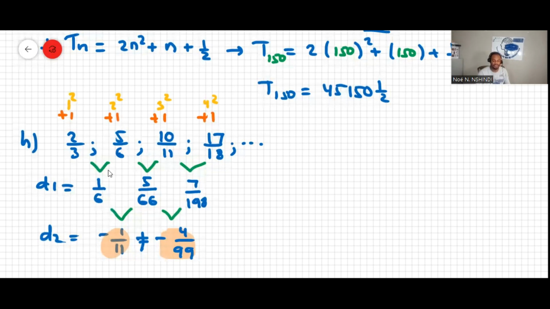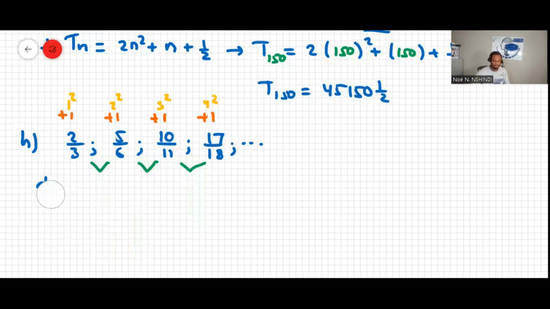Now let's look at the denominator. If I do the first difference here, let's just see. We check it.